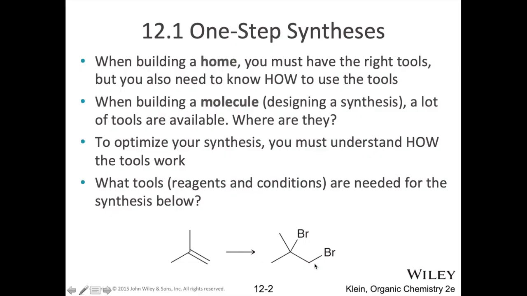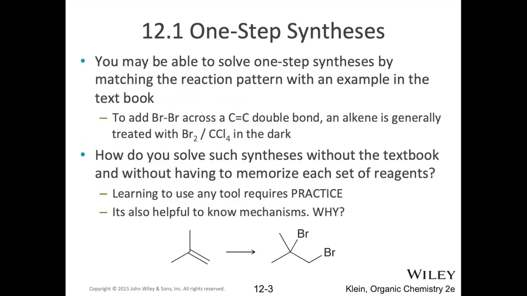Now that you recognize that, you just have to think, what reagents do I need to add two bromines across a double bond? Starting from your double bond, we need to go back to the chapter on addition reactions and look at how we do a bromine addition. You would react your alkene with bromine in carbon tetrachloride, and you would do this in the dark.